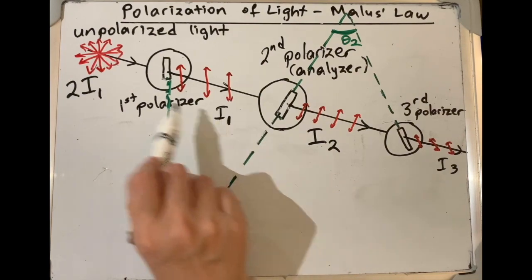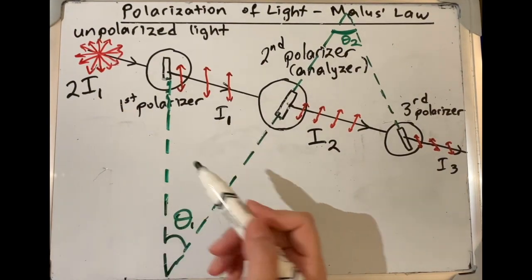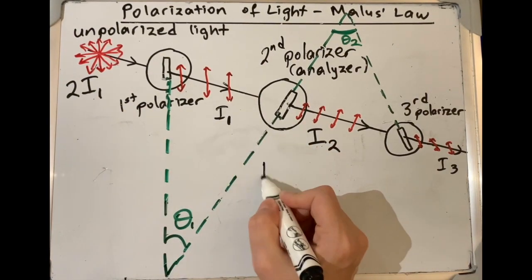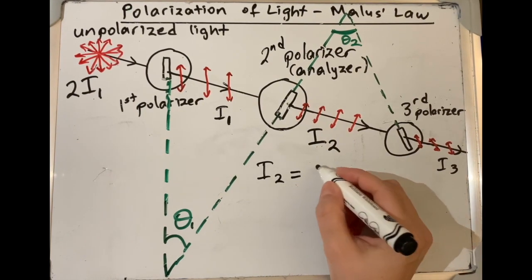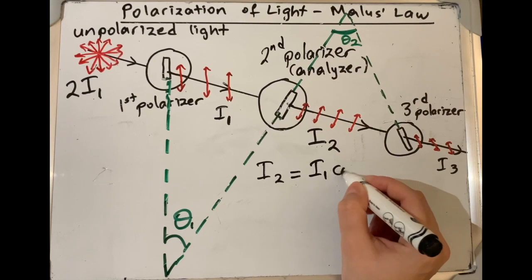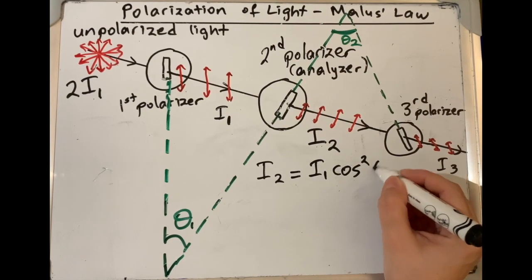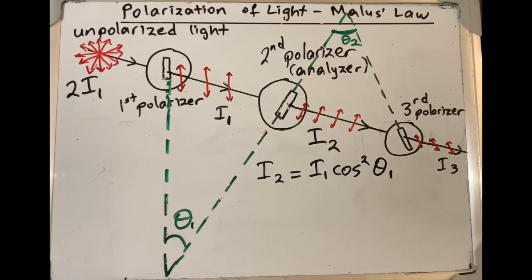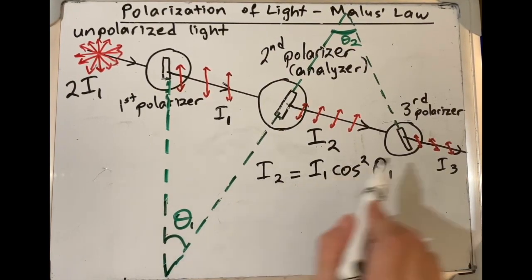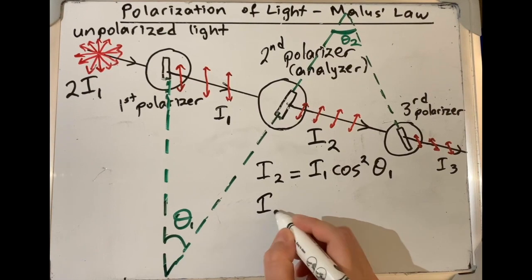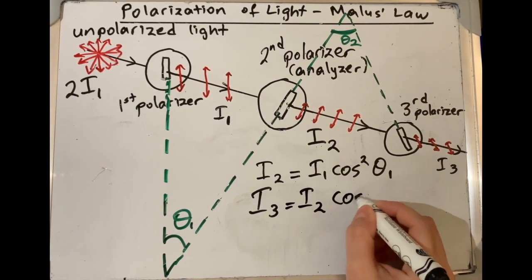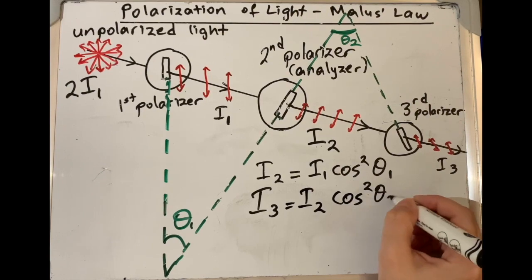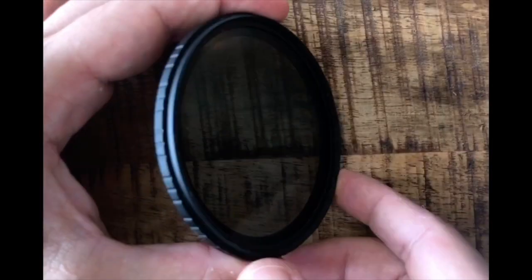Well, I know I1 is half of the original, so I'll use Malus's law to relate I1, I2, and I3. I2 would be I1 cosine squared theta 1 right here between I1 and I2. And then once you calculate I2, you can now calculate I3 using the angle between I2 and I3, which is theta 2 in my diagram.